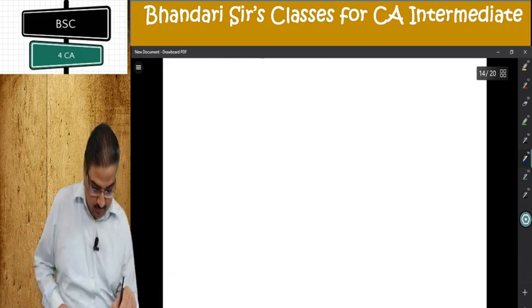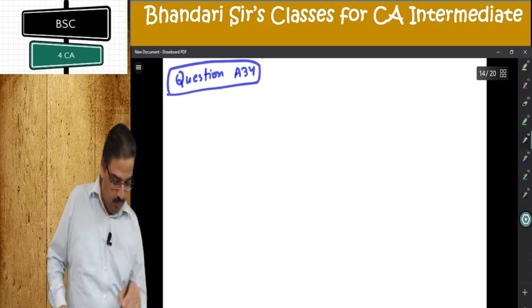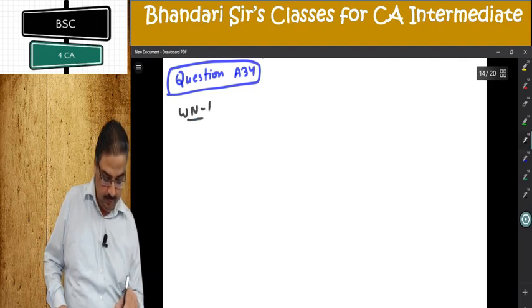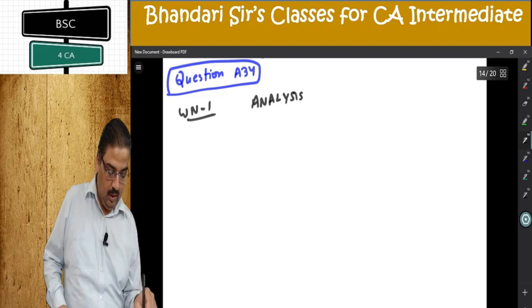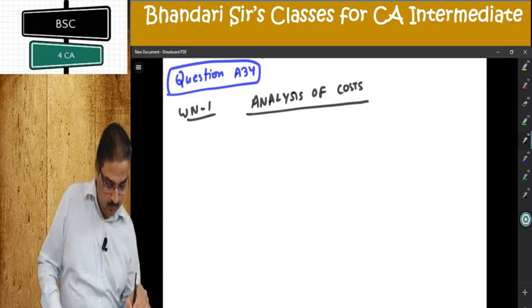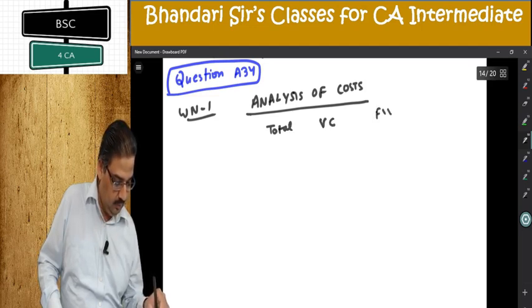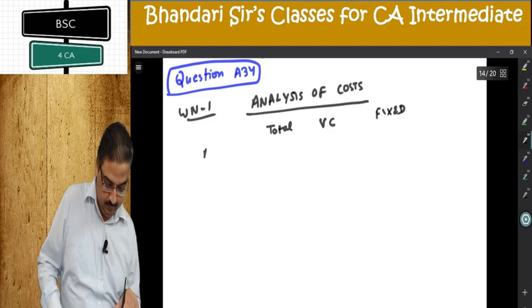So first I am doing is working note here. This is question A34. And I am doing is working note 1. Analysis of costs. Total, variable, fixed.